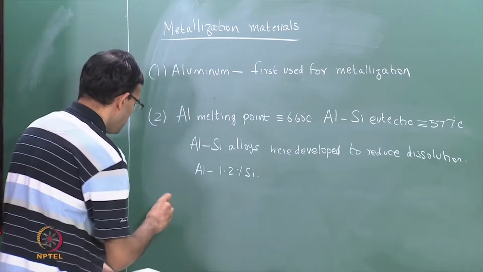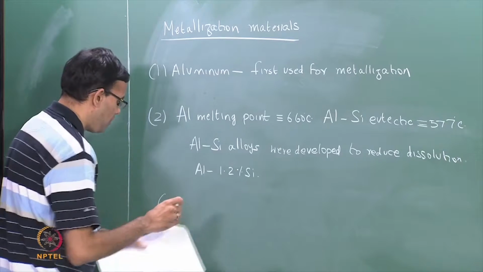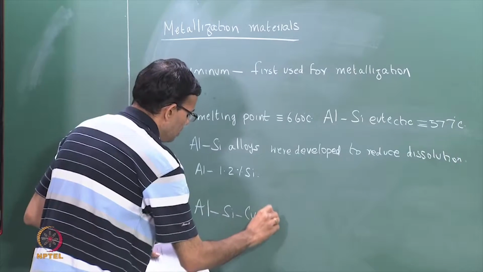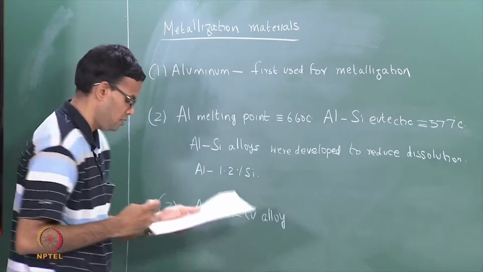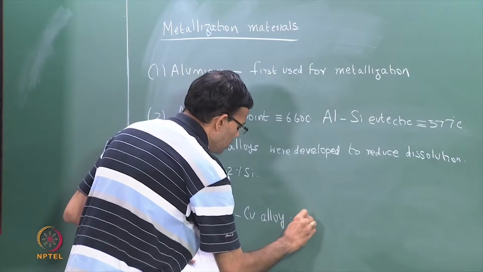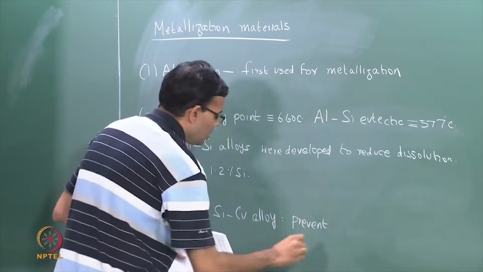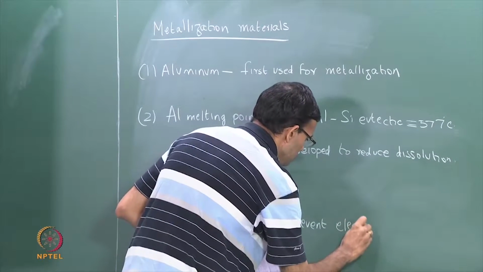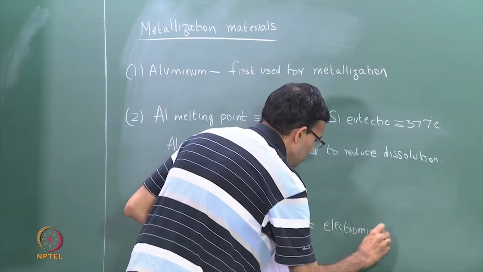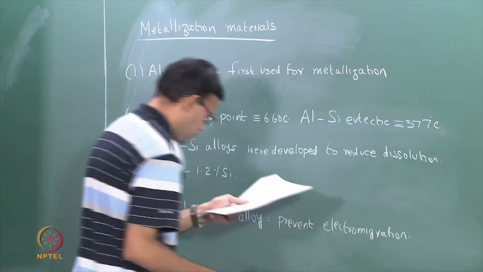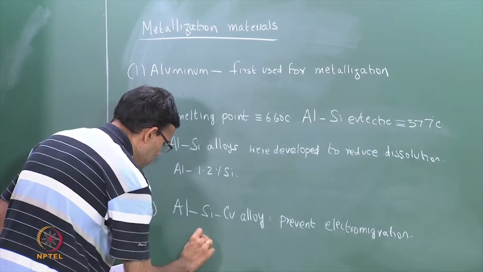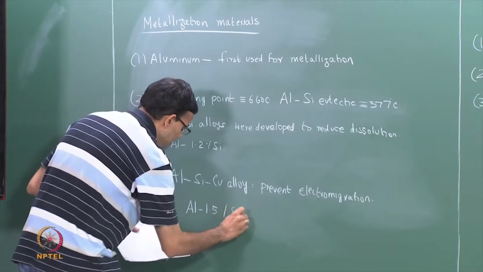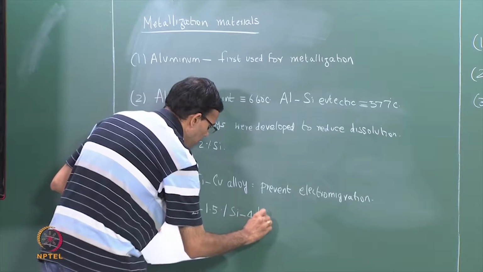In order to prevent this, the next layer of material that was developed was based on an aluminum, silicon and copper alloy. So this was developed to prevent electromigration issues. So a typical alloy composition is aluminum with 1.5% silicon and 4% copper.